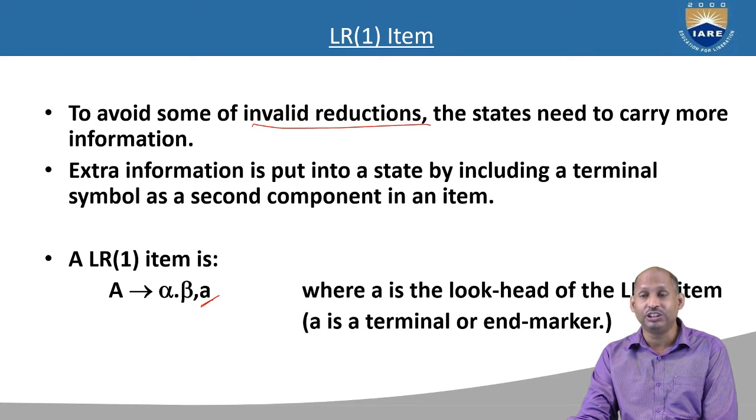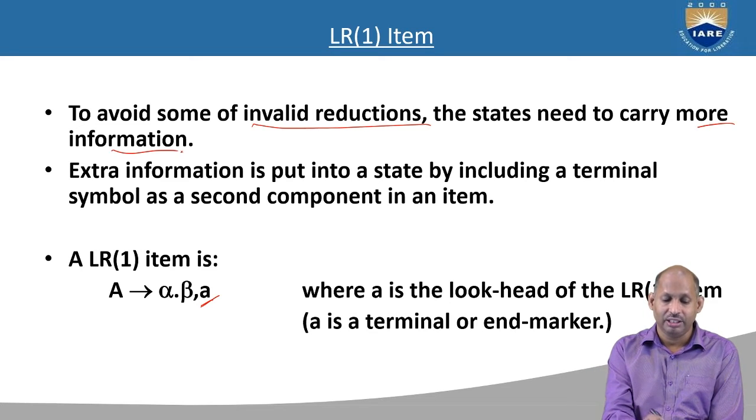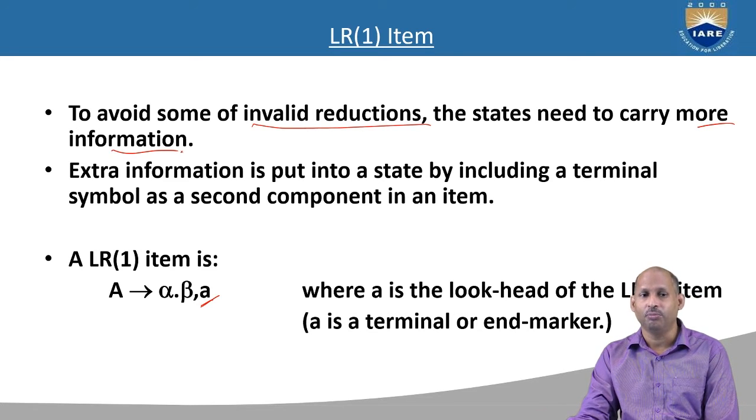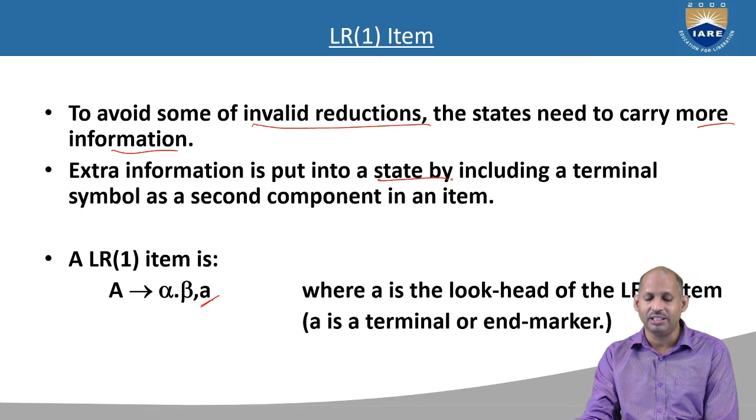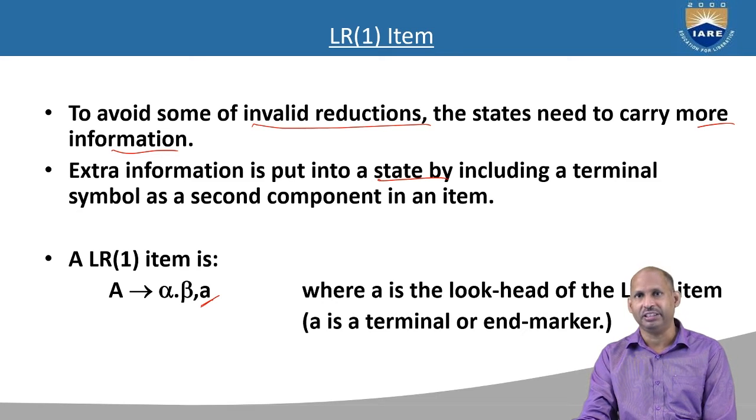The states need to carry more information. So here we will add additional information to the state. Extra information is put into a state by including a terminal symbol as a second component in an item.